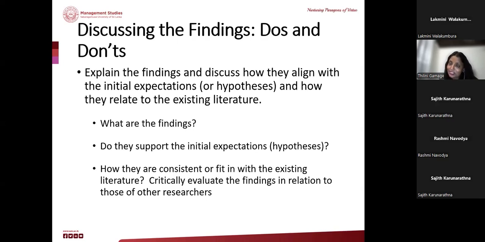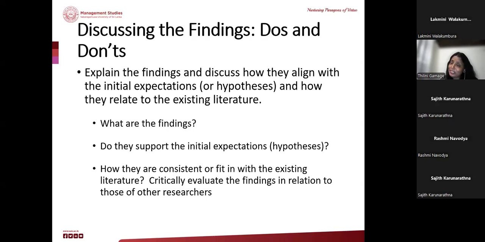Most of the students, when we work with research students, I find this area is quite weak among them. They just reiterate the findings over and over again, and most of them do not discuss how their findings relate to the existing literature. So this is an area where you need to improve.